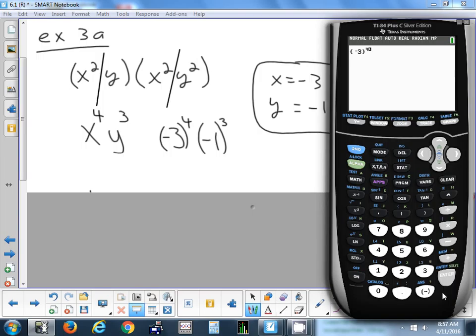They're both negative. So there's a little rule here. If I have a negative base and an even exponent, my answer is going to be positive. If I have a negative base with an odd exponent, my answer is going to be negative. Because what does -3 to the 4th power mean? What's that mean, Kevin? -3 to the 4th power.